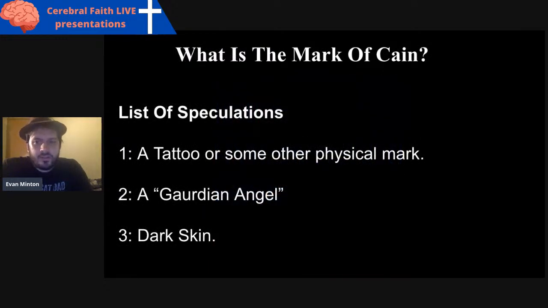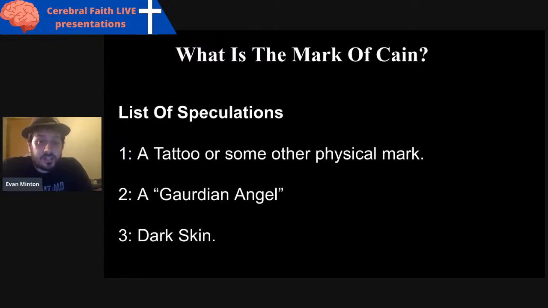Well, there are at least three possibilities that I've come across. One is a tattoo or some other physical mark. Another possibility is like a guardian angel that was set over him to keep him safe. And the third is, and this one is really bad, and I'm going to argue against this.